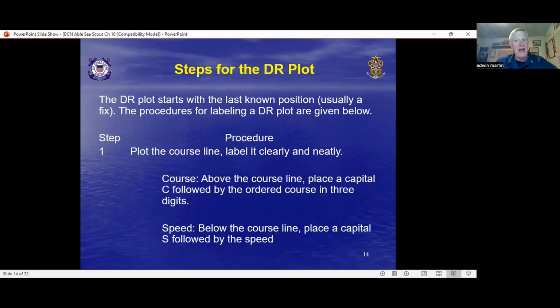You usually have a last fix, but where am I going from that last fix? I draw a line with my course and speed, and then determine where I'm going to be at half hour or hourly intervals.